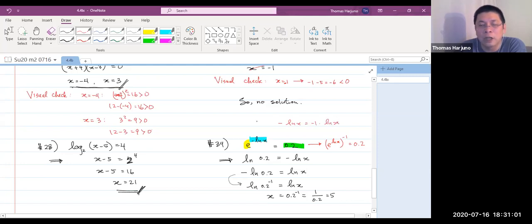And we have an exponential property, a to the xy equals a to the x to the y, right? So I can write it that way. Okay, so e to the ln x is basically x. So x to the -1 equals 0.2. So x is the reciprocal.